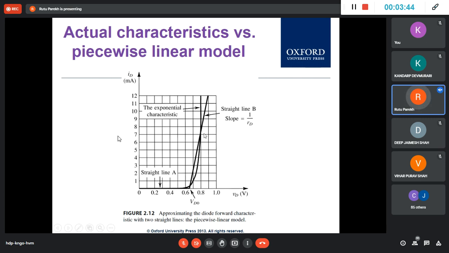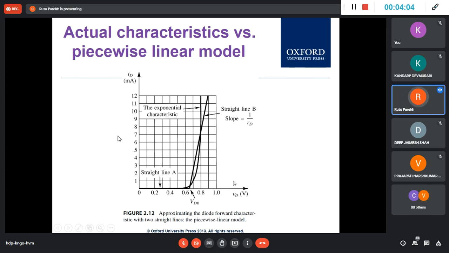And here you will have, at this point, let's say 0.7, it is conducting, then 0.71, 0.72, 0.73. So the voltage difference is very less, but you will see a huge rise in the current.